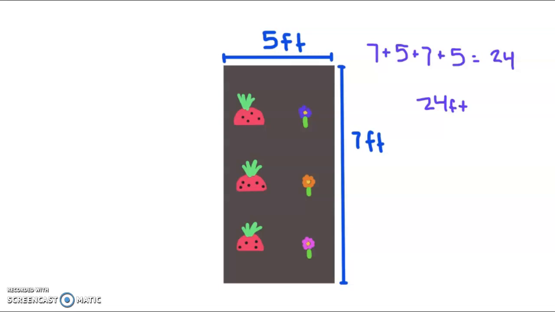So now we know that I need 24 feet worth of materials to have a fence around my garden.